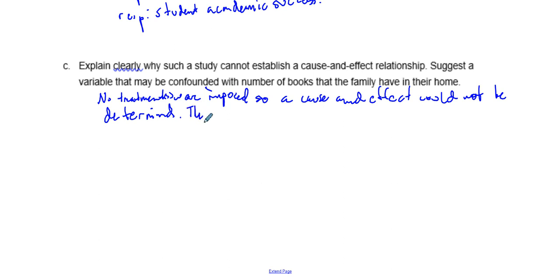There could be a confounding variable. If you have a lot of books, it will affect the number of books and academic success.